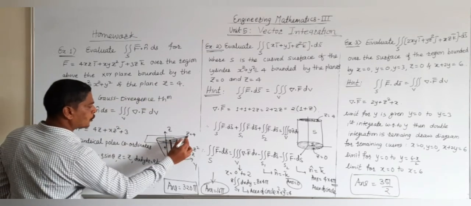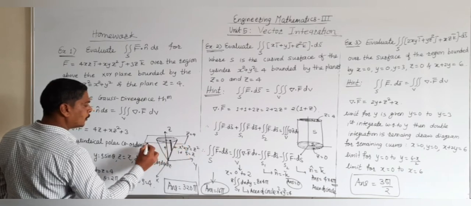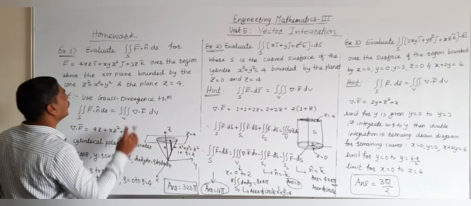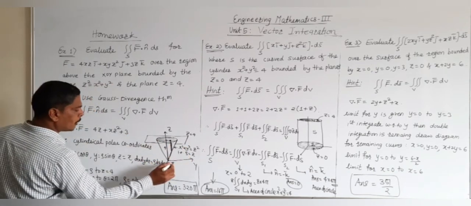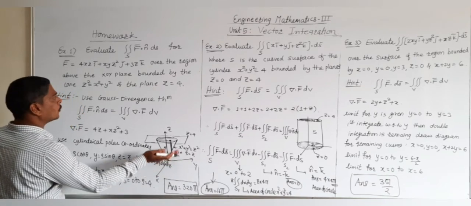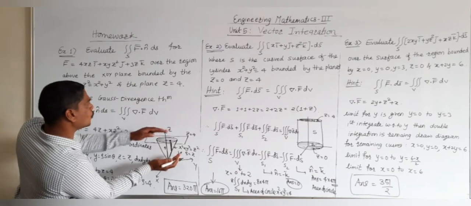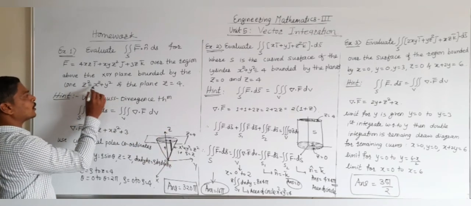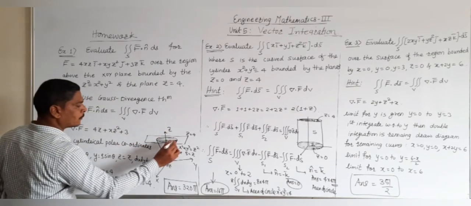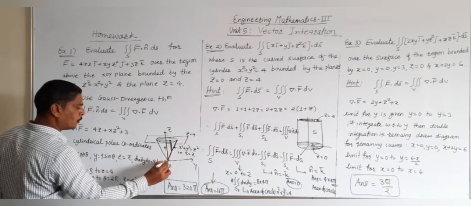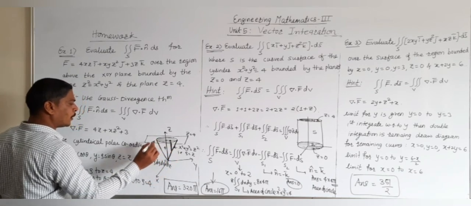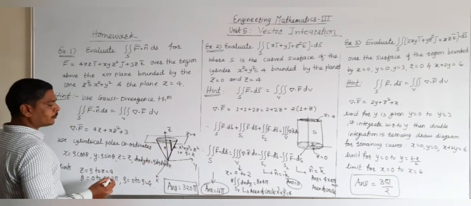This is our plane z is equal to 4, and this region is the xy plane, this is point O. So it is bounded by the xy plane and this z plane, in between these two and the cone z square is equal to x square plus y square.